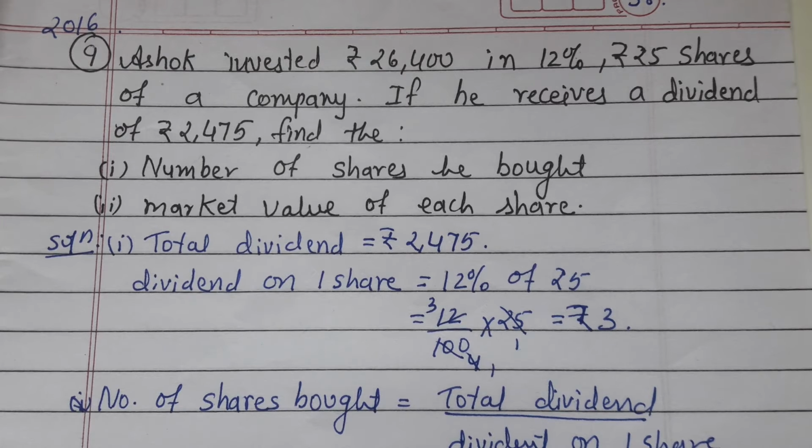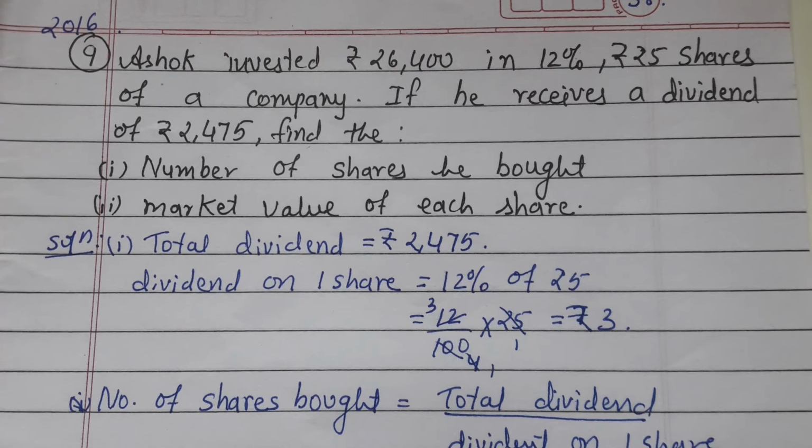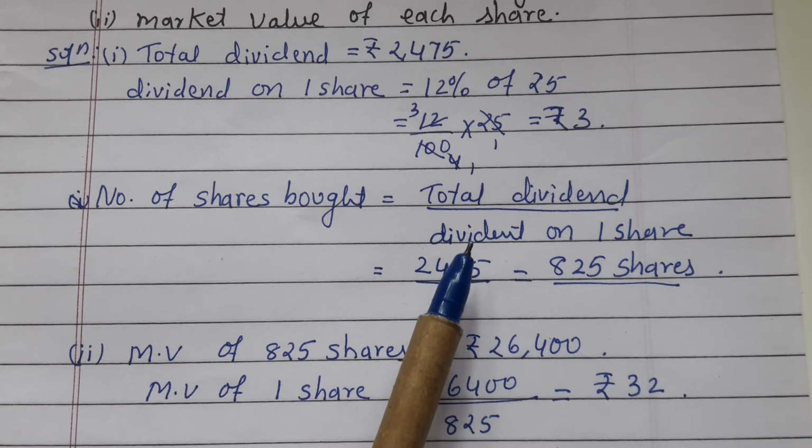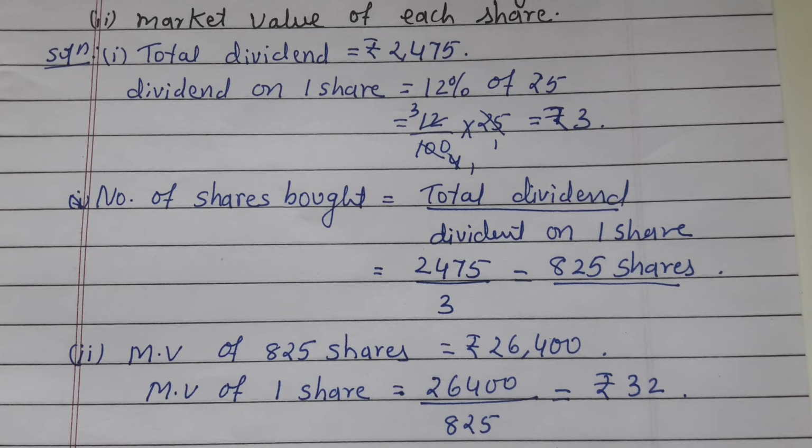Solution. First, total dividend is equal to rupees 2,475. Dividend on 1 share, 12% of 25, that is equal to 12 upon 100 into 25, equal to rupees 3. Number of shares bought, total dividend upon dividend on 1 share, that is equal to 2,475 upon 3, equal to 825 shares.